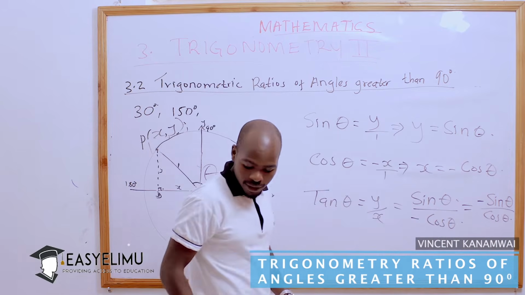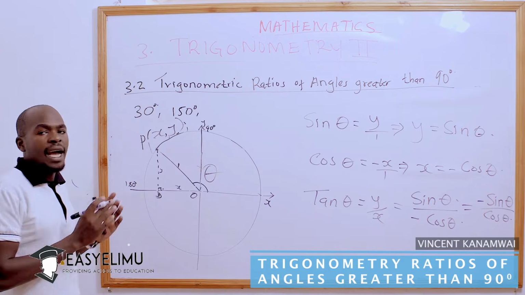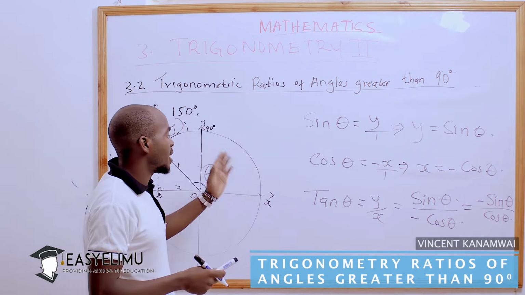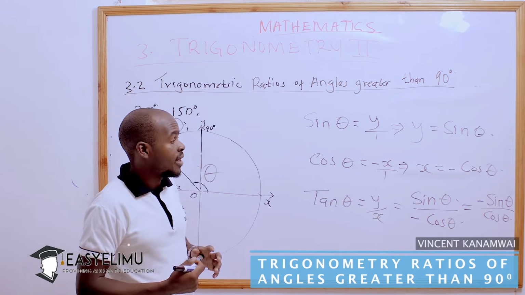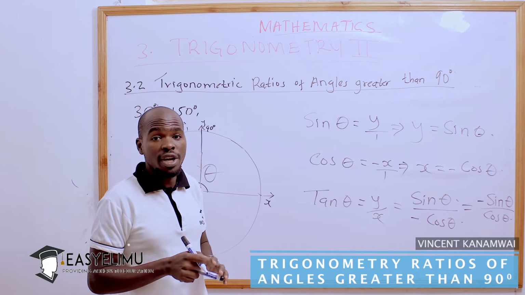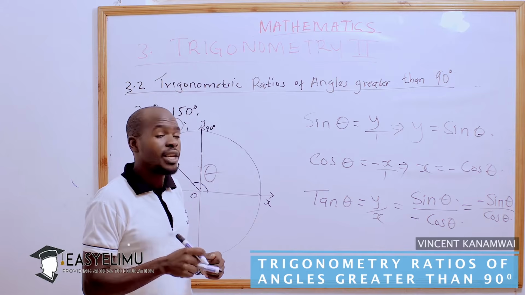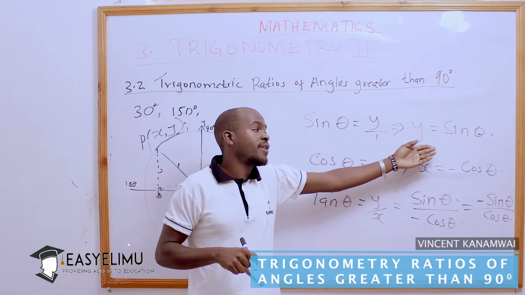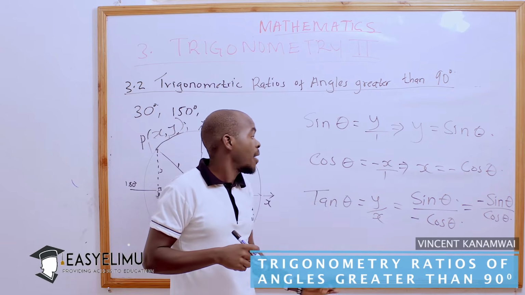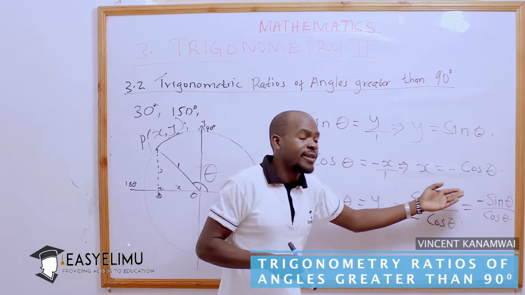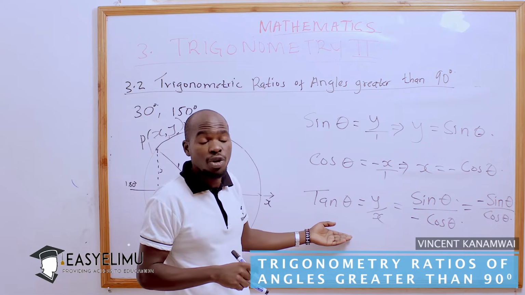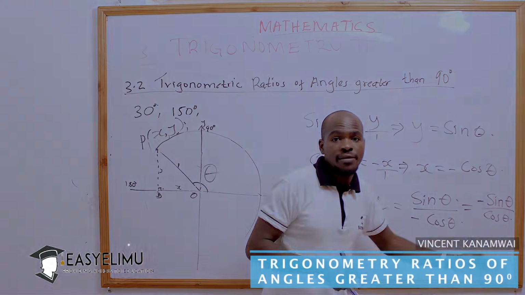So we can say that if you are finding an angle greater than 90 degrees but less than 180 degrees, meaning an angle in the second quadrant, you will find the sine of that angle being positive, but the cosine of the angle is negative, and at the same time, the tangent of that angle in the second quadrant is negative.